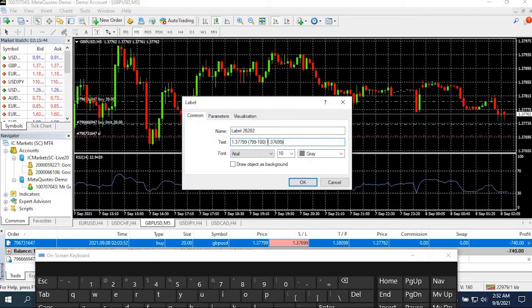So that is a stop loss. Right, so that is how you get your stop loss.